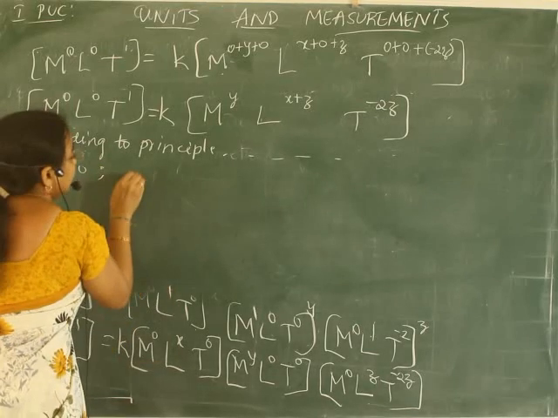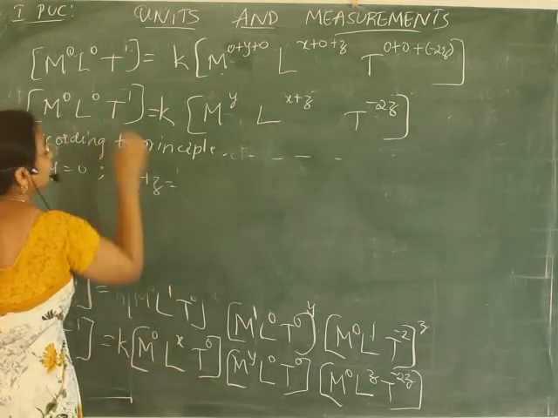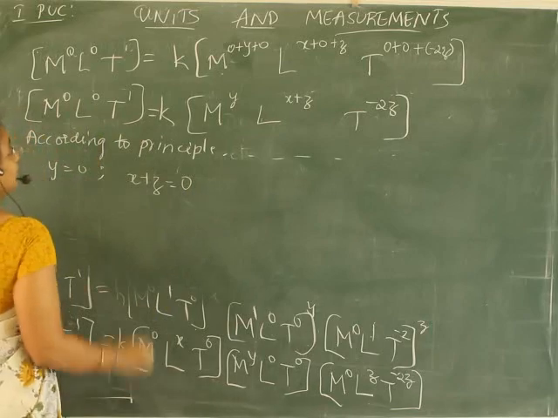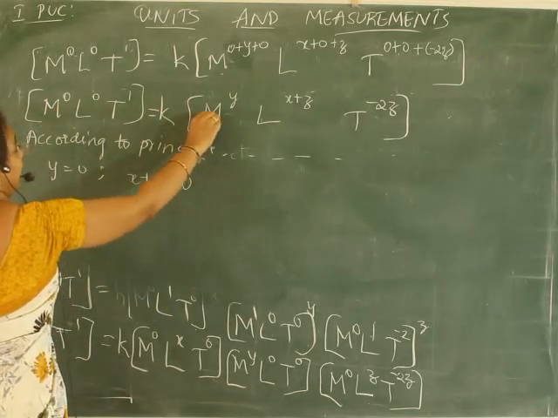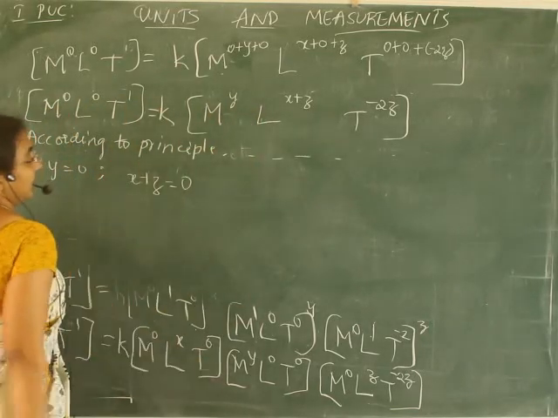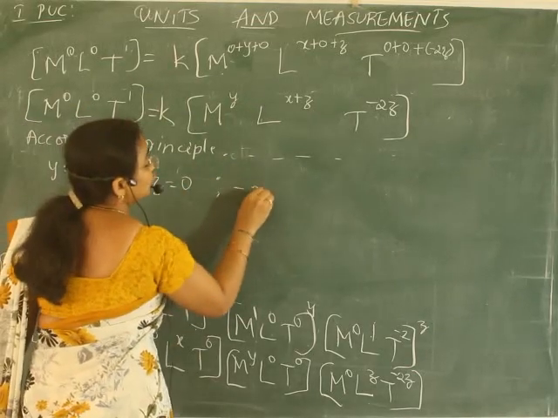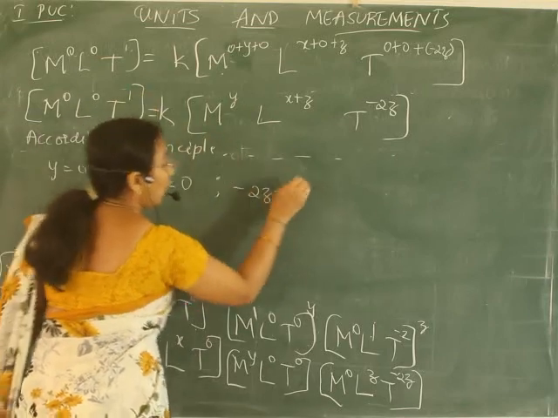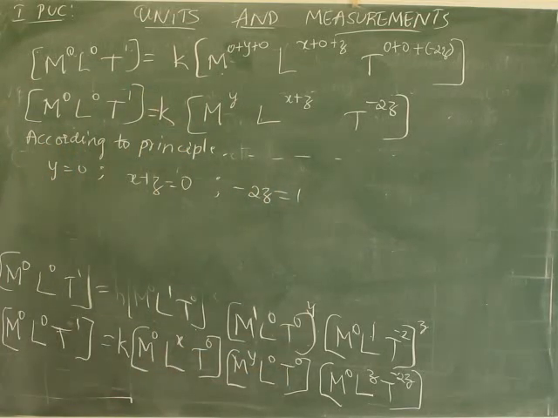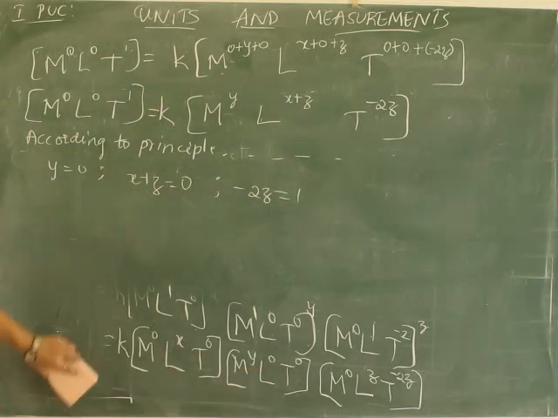Next, x plus z equal to 0. See here, M and M you are comparing, L and L you are comparing. Then what can I compare? Minus 2z is equal to 1. Correct? Minus 2z is equal to 1.